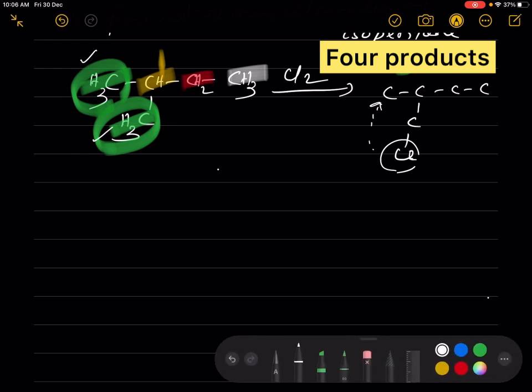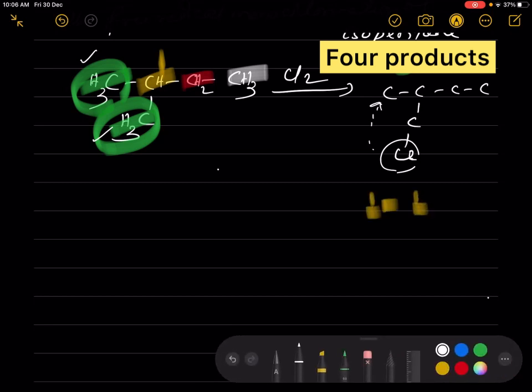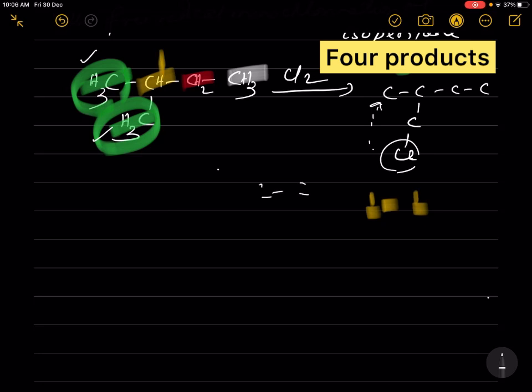Then the next one, here you can substitute one H atom by a chlorine atom.